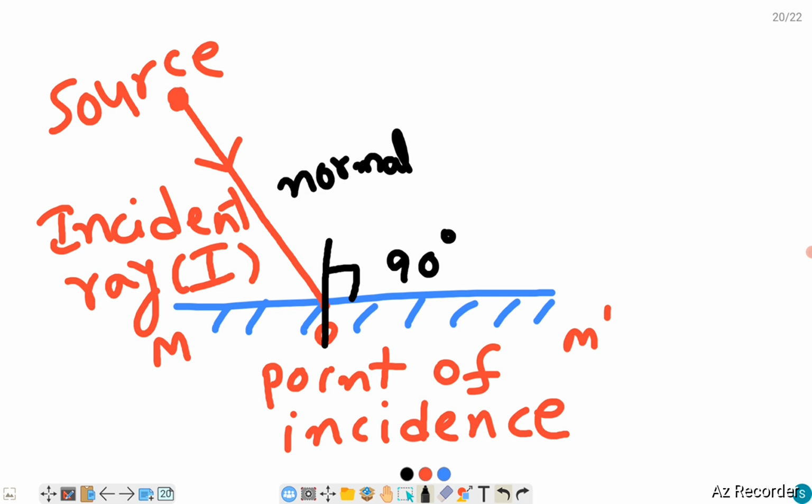Understood? Now you will have a reflected ray. It is moving away from the mirror.